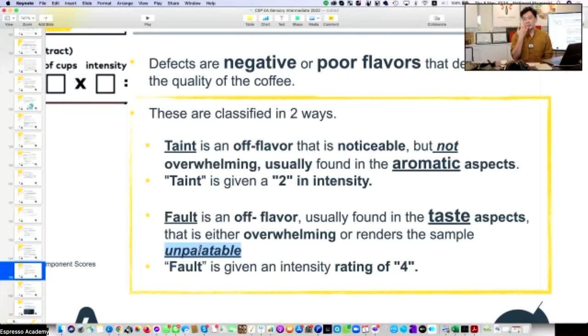Taint is something you taste just a very tiny bit, usually found in the aroma. Aromatic only for taint. A fault is in aroma and taste, or surprisingly not in the aroma at all: the aroma smells fine, but when you taste it, it's terrible. It's very bad.